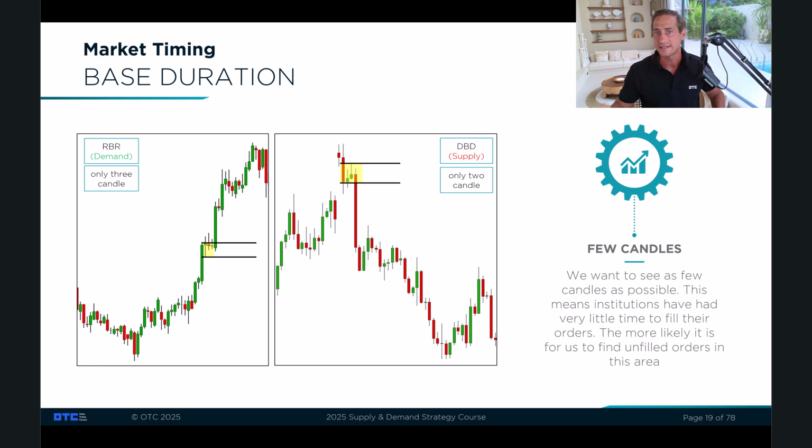So, as a summary, we want to see as few candles as possible. This means institutions have had very little time to fill their orders. The more likely it is for us to find unfilled orders in this particular area. So here in these examples, you see 3 and 2 basing candles before you see a very strong explosive departure from your zone.